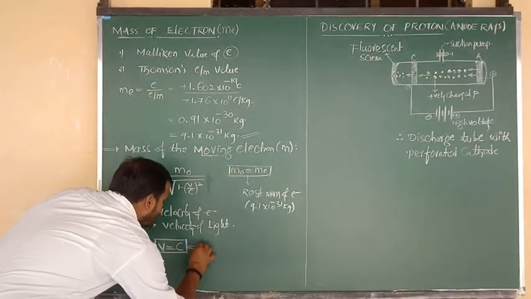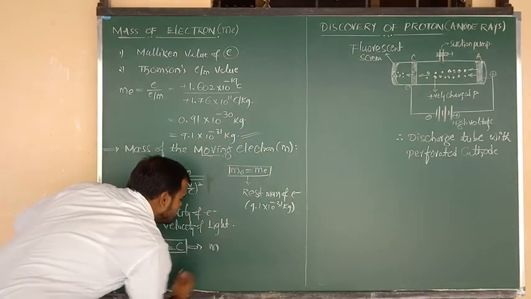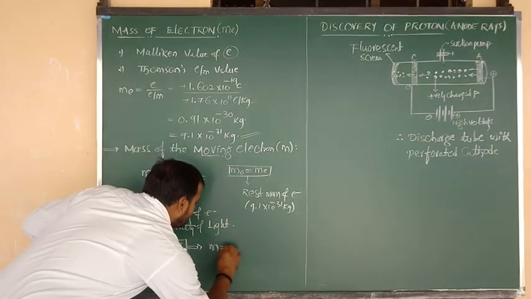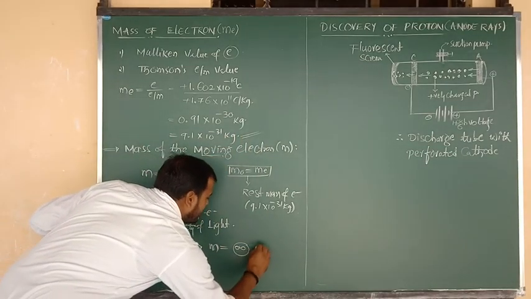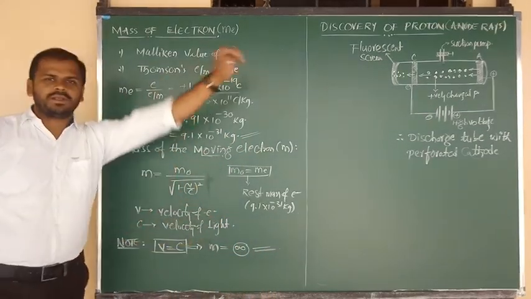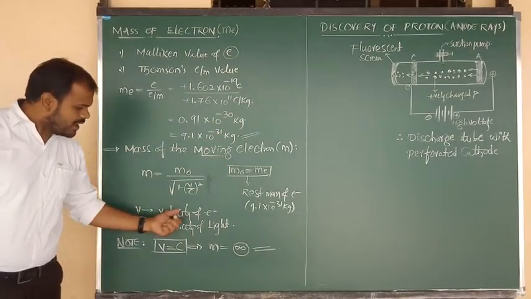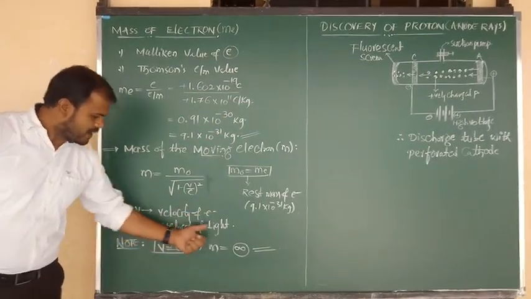So if V equals C, the mass of the moving electron, M, will be infinity. This is the condition you must apply. Very important from an objective point of view. Once again, V means the velocity of the electron, C means the velocity of light.